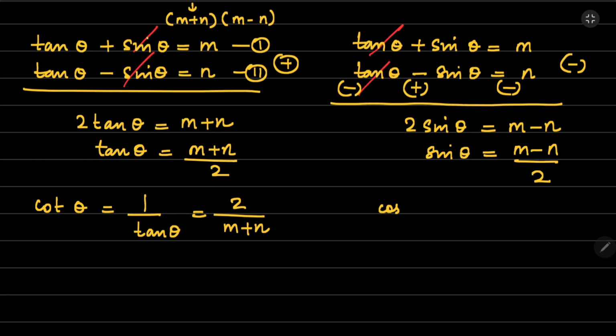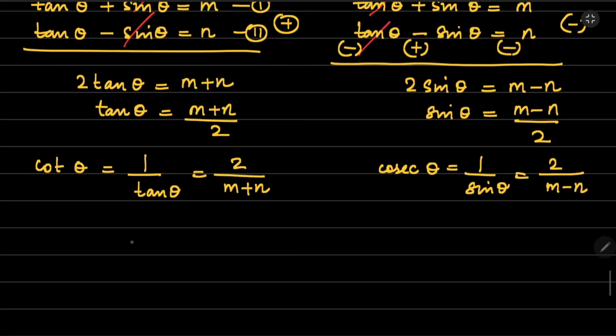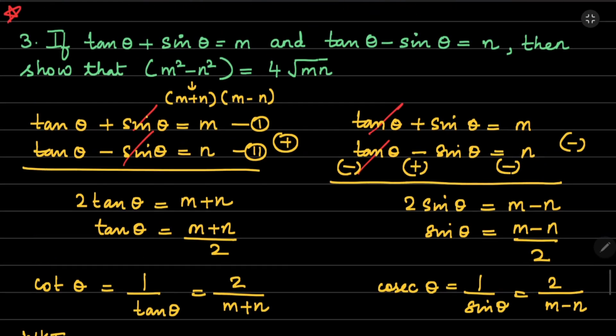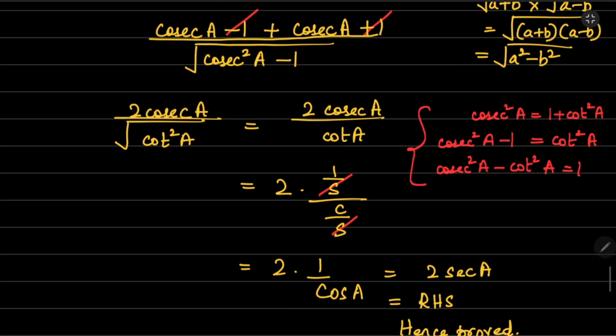Similarly, cosecant theta is nothing but 1 by sine. Okay, you know sine theta, so you can write it as 2 by m minus n. Okay, now we should know an identity that cosecant square theta minus cot square theta is equal to 1. Okay, so I just told you this identity also, isn't it?